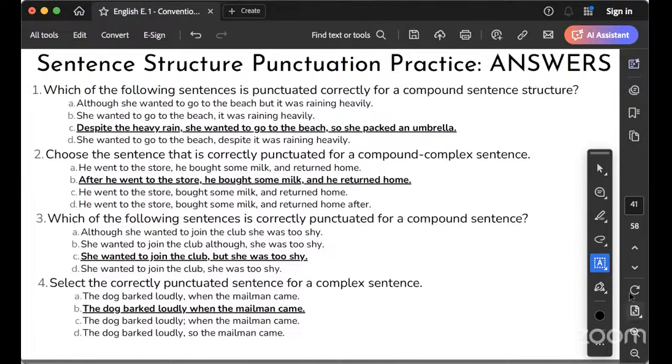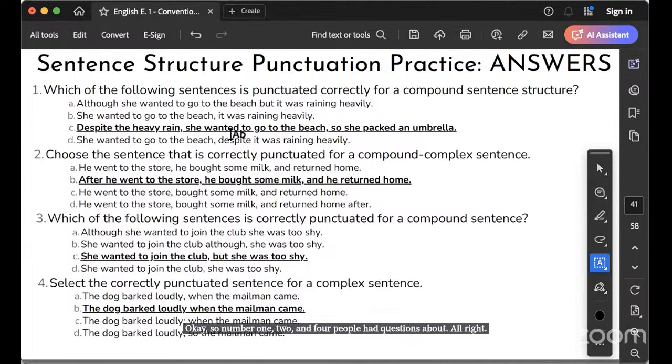Everybody good? Okay, so number 1, 2, and 4 people had questions about. All right.